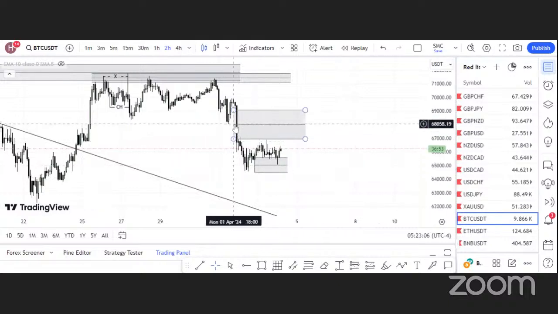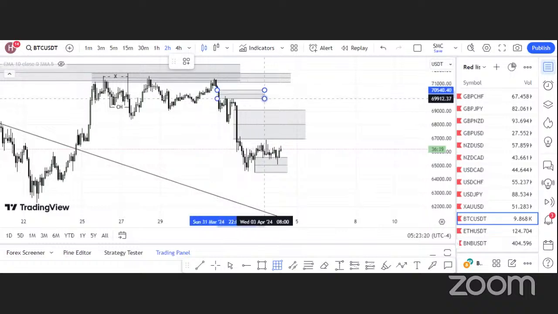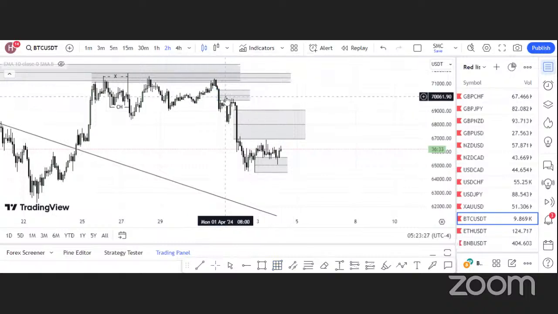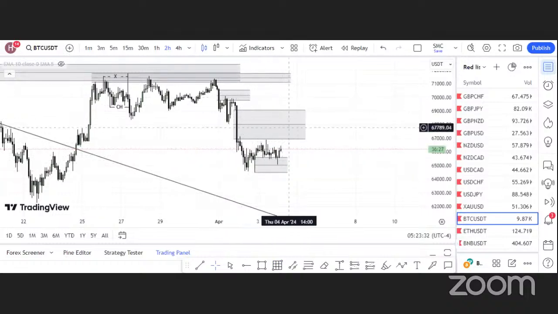Because this is the fair value gap after the market came down to this level, right? So we've got one here, but look how the market was retested before even making the obvious move. See, this was retested before the market made this obvious move. Okay, so after this move, there hasn't been any retest.